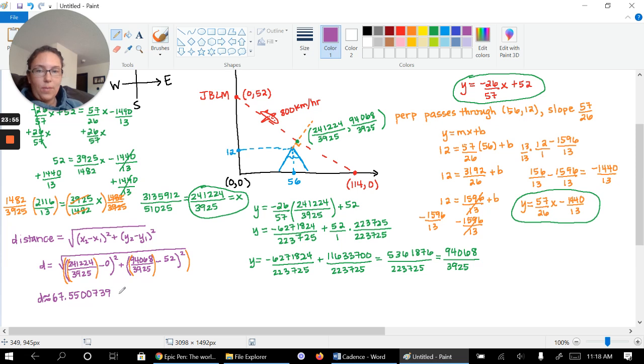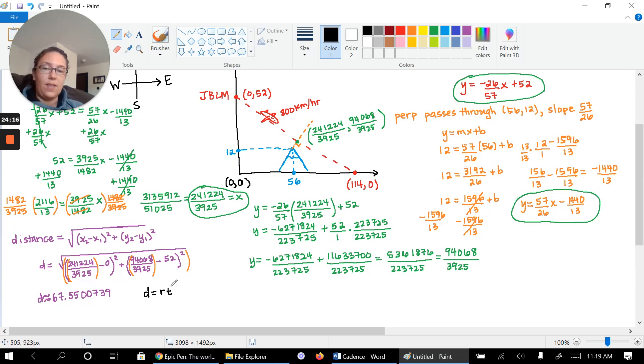Alright, so we're one step closer to the final answer. This is the distance the plane had to travel to get to that green point. Now we want to know the time it took for it to do that. So the last formula that we need to know looks like this: distance equals rate times time.